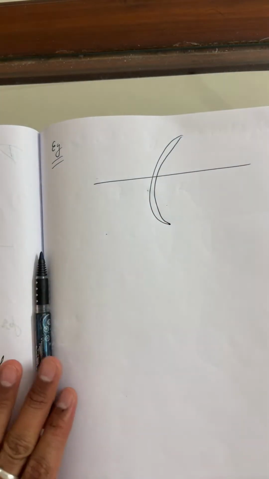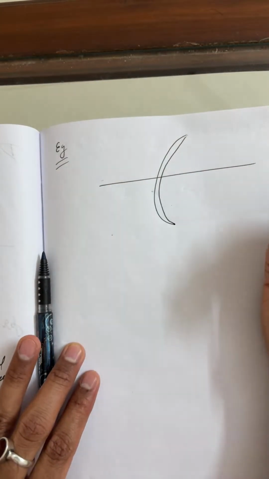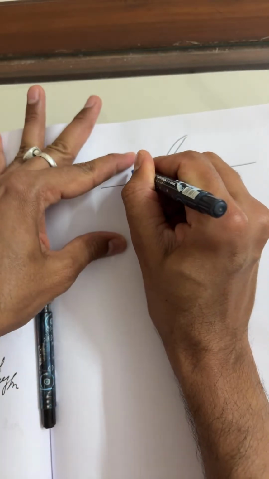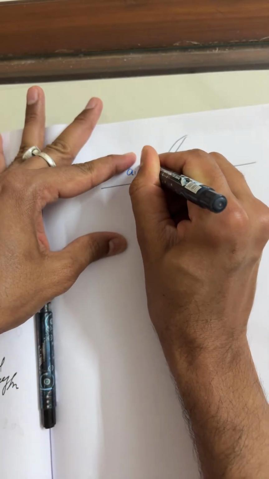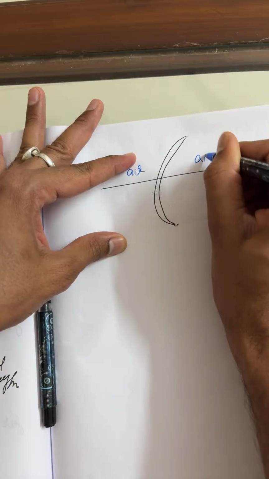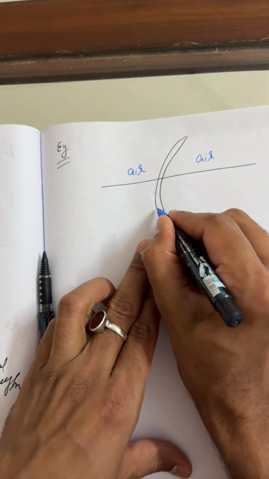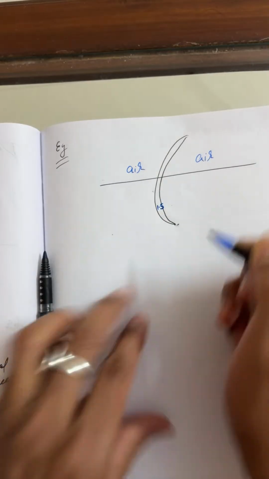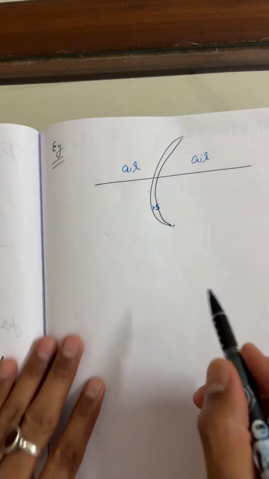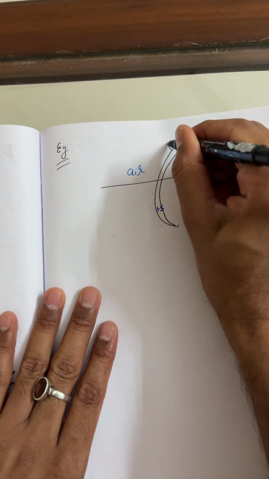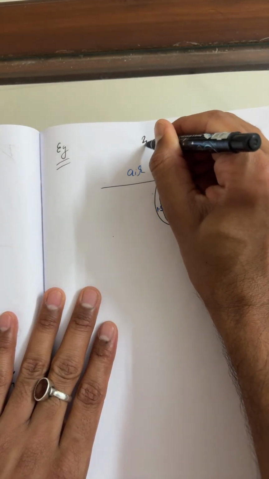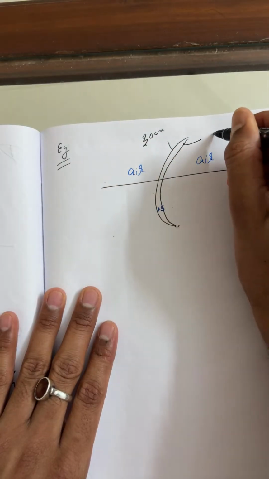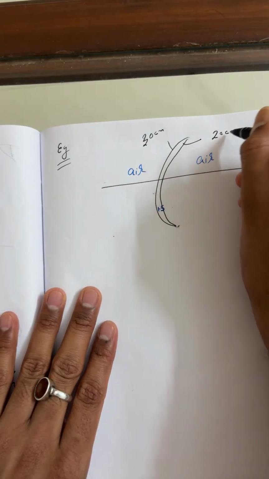Outside it is air only, and the lens has mu 1.5. The radius on this side is 30 centimeter and on this side 20 centimeter.